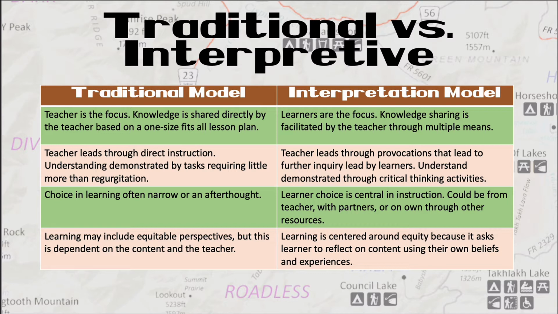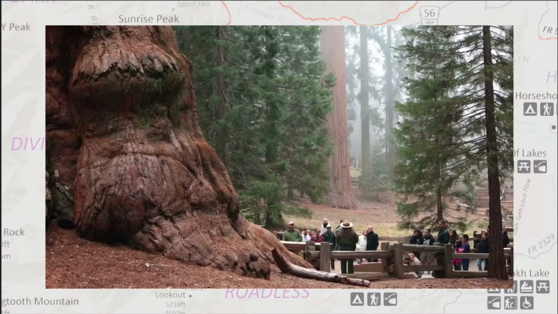Another thing that's really different about interpreters most of the time, as opposed to the traditional model, is that the environment is the second educator. What does that mean? Well, for example, if you were to go to Sequoia National Park in the mountains of California, the rangers there would be teaching lessons based upon what was around them.